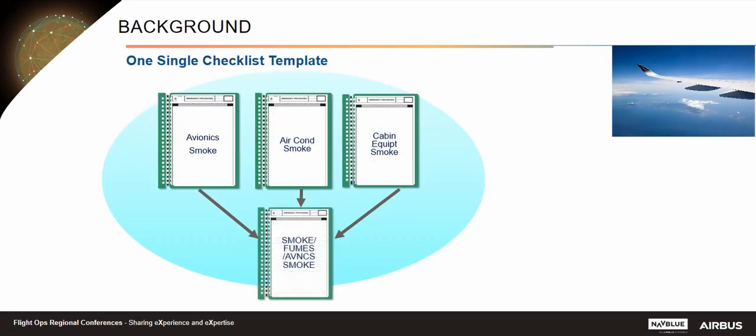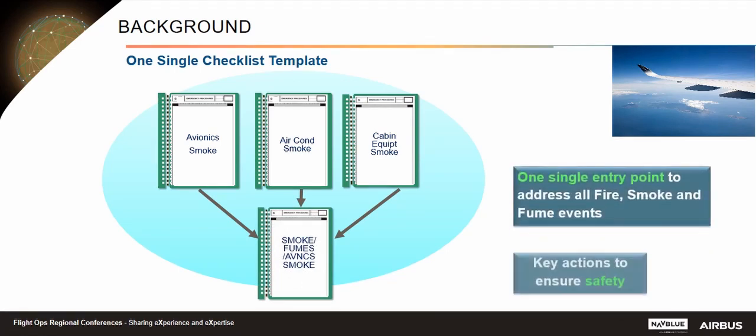One of the main outcomes was to merge the three separate smoke procedures that we have in the past into a single one, the smoke, fume, avionic smoke procedure. And this was in line with one of the main feedback that we got from you operators and also what we have learned from the events that we had in the past, that there was some uncertainty brought by the fact that we had 3 entry points and also loss of time in choosing the right entry point.